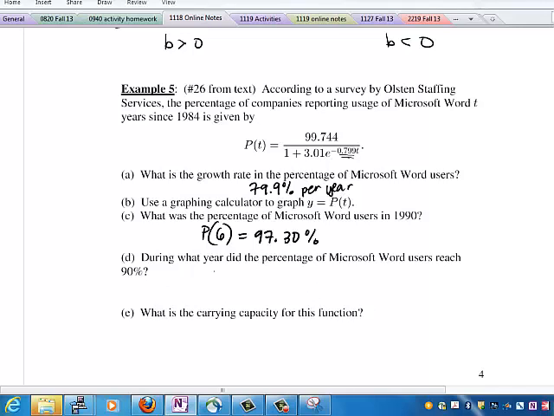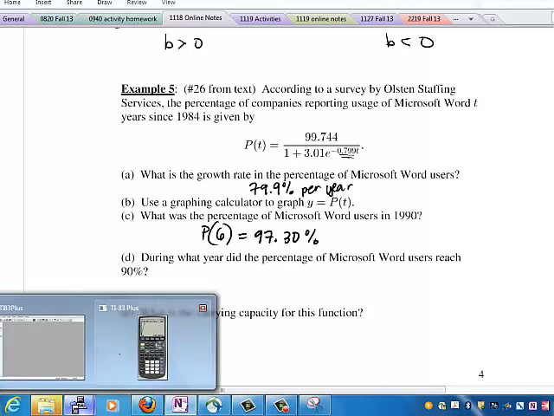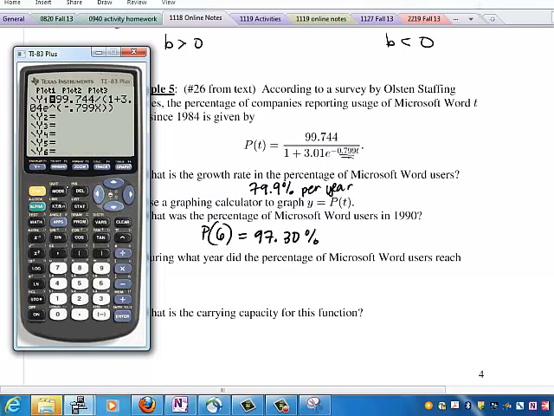And then during what year did the percentage reach 90%? So that was going to be obviously somewhere before 1990. This was an output value, so we can graph the line through 90. And we can see where those cross each other. Looks like 4.17 roughly years after 1984.